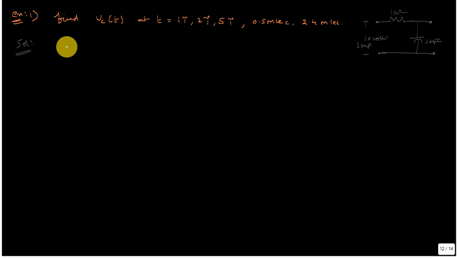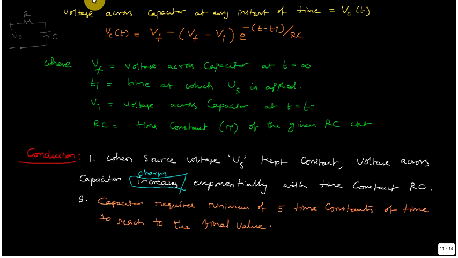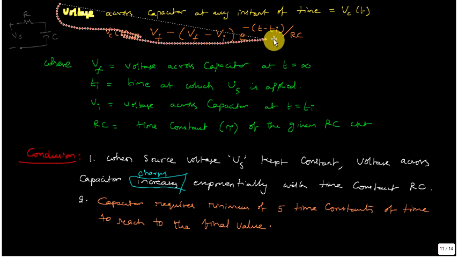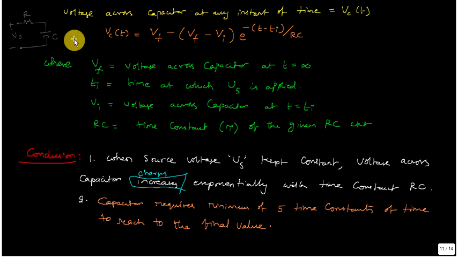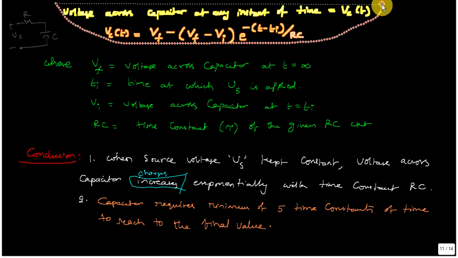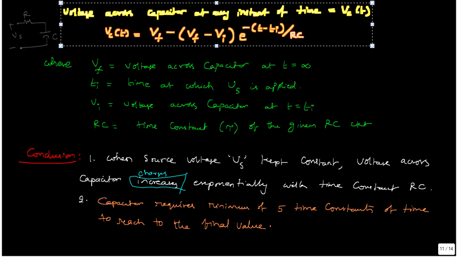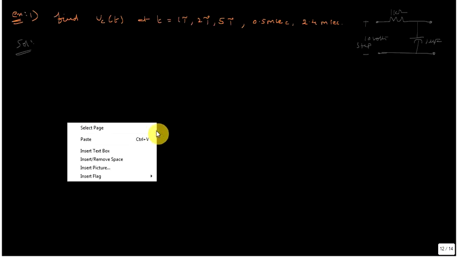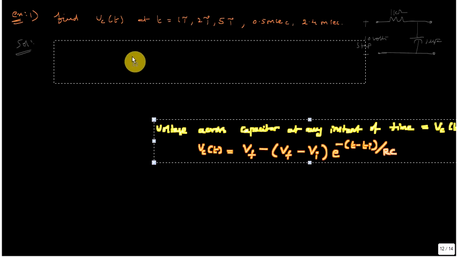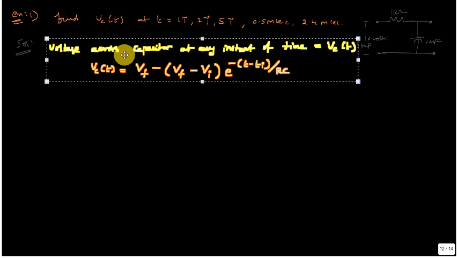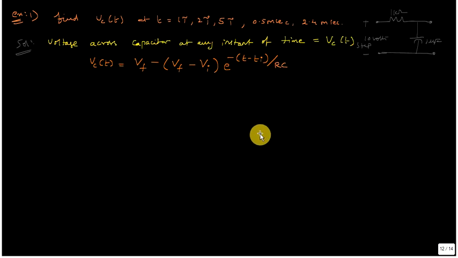We know Vc of t, the voltage across the capacitor at any instant of time. So we know this equation.